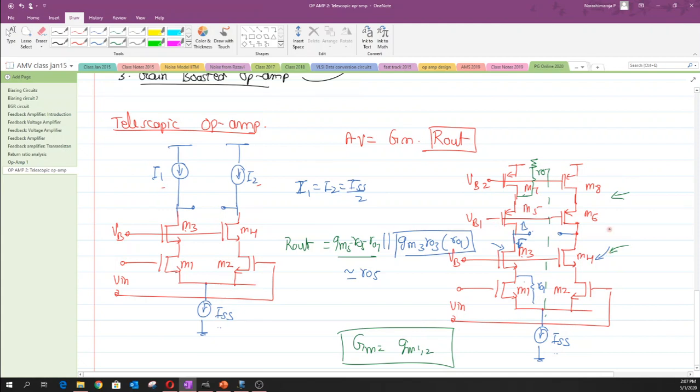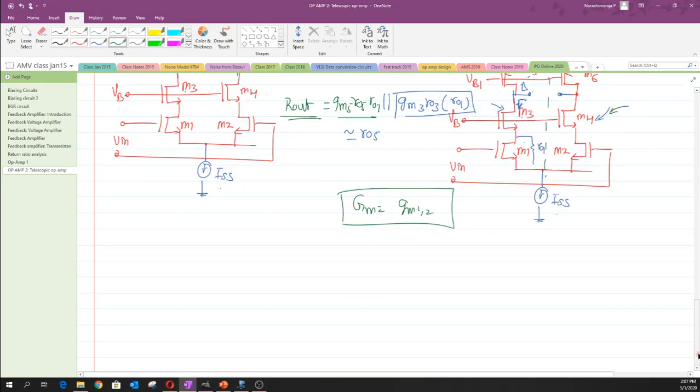The structure composed of M5 to M8 is basically a load, and the structure composed of M4 to M1 is called the signal path structure. So we have basically balanced both these structures in order to have an appropriate weight for the output impedance R out. Hope that it is clear, and now let us try to evaluate the output swing.